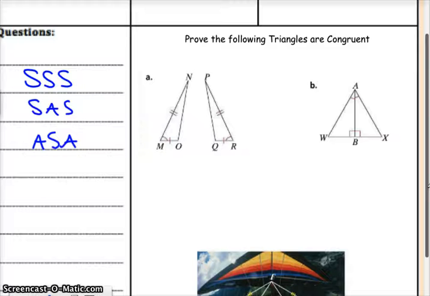And proving it is using the congruent statements. So looking at this, which one should I use? Side, side, side, side angle side, or angle side angle? Side angle side. Right? Because I have a side, an angle, and a side that are congruent. So my best advice is to write that you're going to use side angle side vertically.